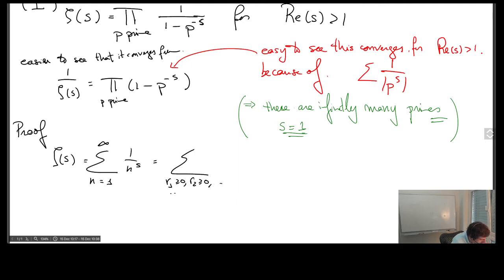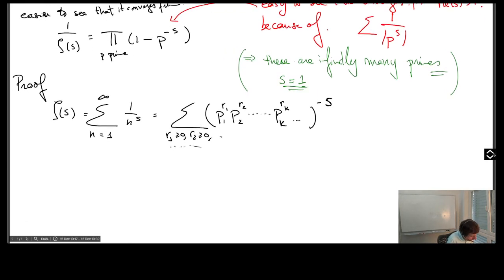Each n can be represented by a product of this type, where only a finite number of the exponents are nonzero. Let's say I need a dummy variable. And every number n is written in exactly one way in this form.